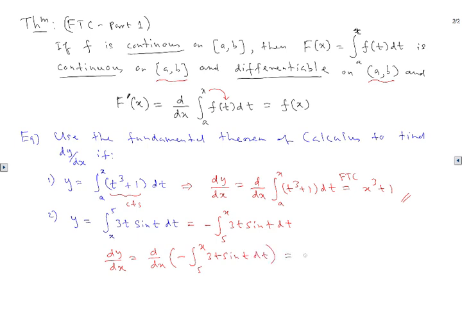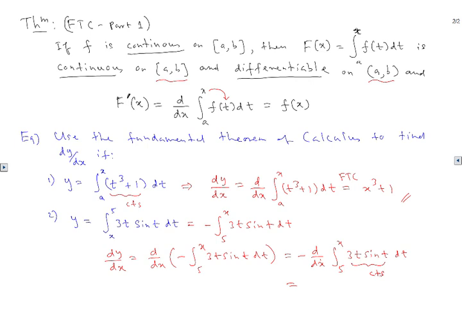Now what we can do, this is a derivative, so you can pull the negative sign out. So take the negative sign out, and then we have d by dx of the integral from pi to x of 3t sin t dt. The only thing I did was pull the negative sign out. Now we can use the fundamental theorem of calculus. According to that, it's in the right format, and this is a nice continuous function, so you can just plug in the value there because it's differentiable.